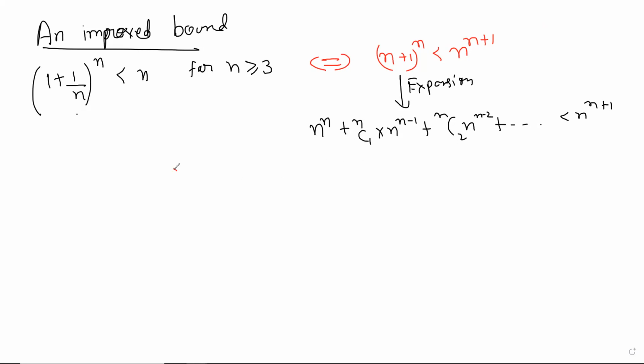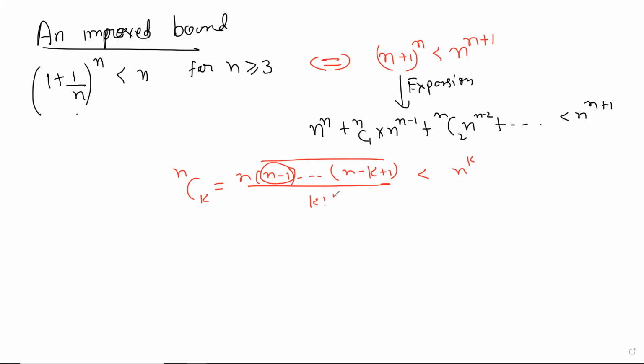Because if you take n choose k, what is n choose k? It goes like this, divided by k factorial, right? So now this is certainly less than n to the power k, because in place of n minus 1 and all these things, you can take n. You get n to the power k, and you can forget this.